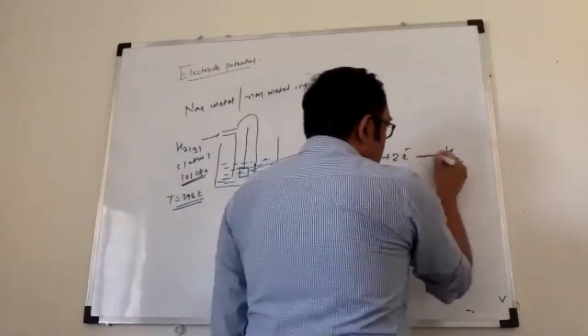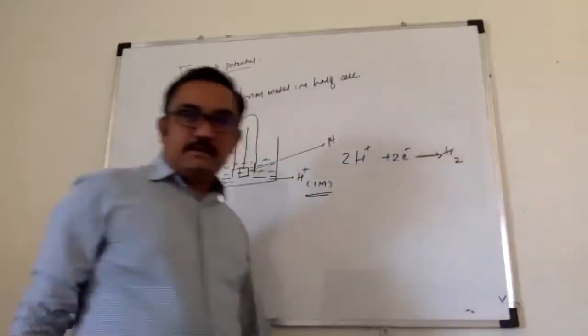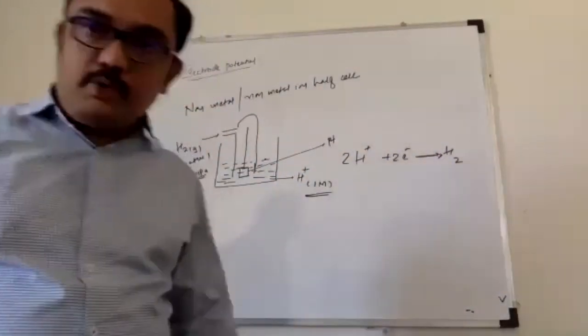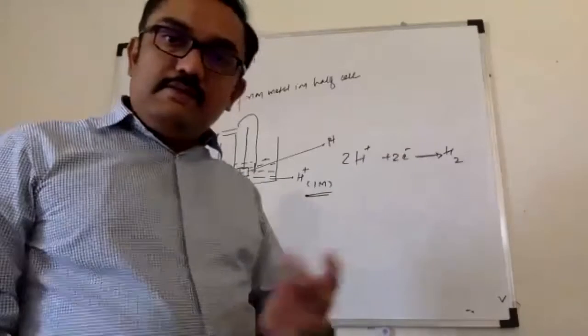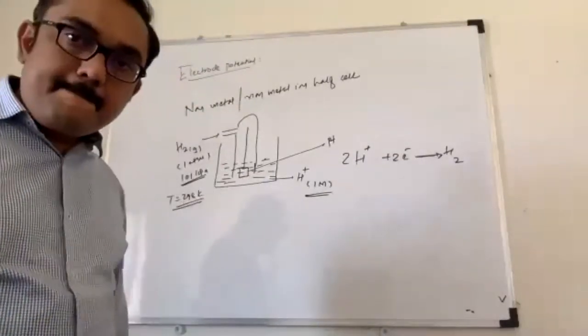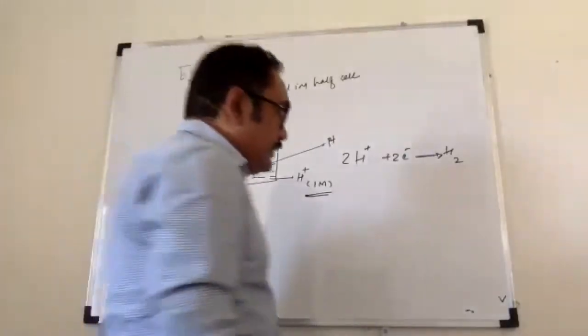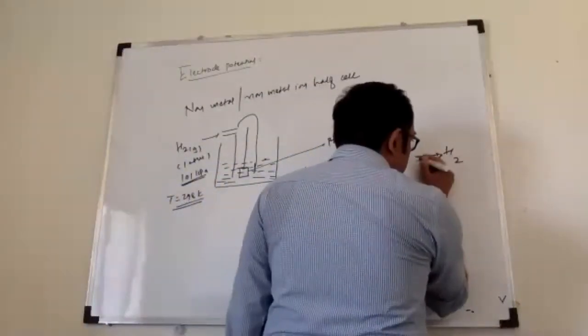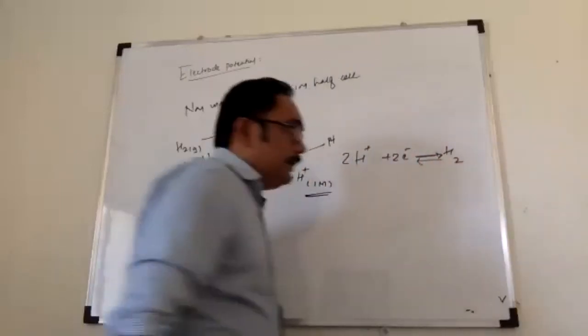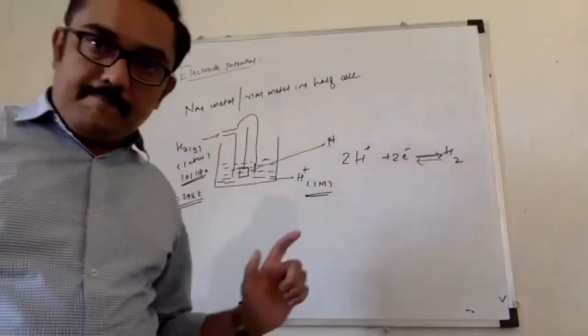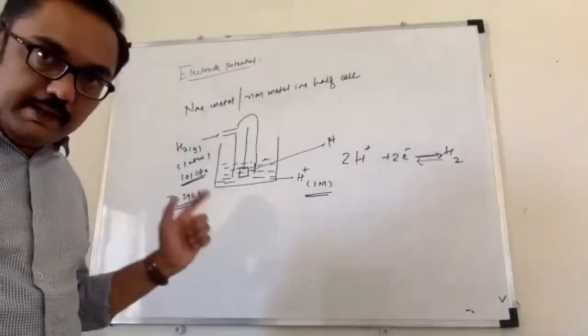That is the process that is called the reduction process. And what is the oxidation process? H2 to H plus, the opposite. The opposite reaction is called the oxidation process. Alright?